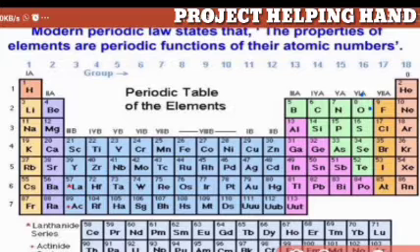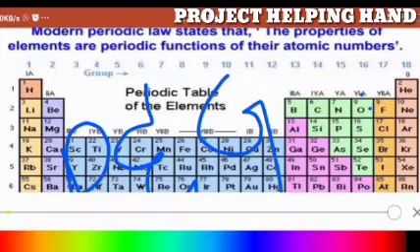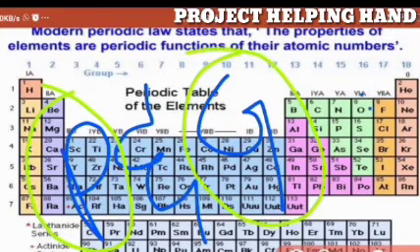Let's recap. In Mendeleev's periodic table, we have periods and we have groups. Even in the modern periodic table, like in Mendeleev's, we have periods and groups. So what are periods and what are groups?